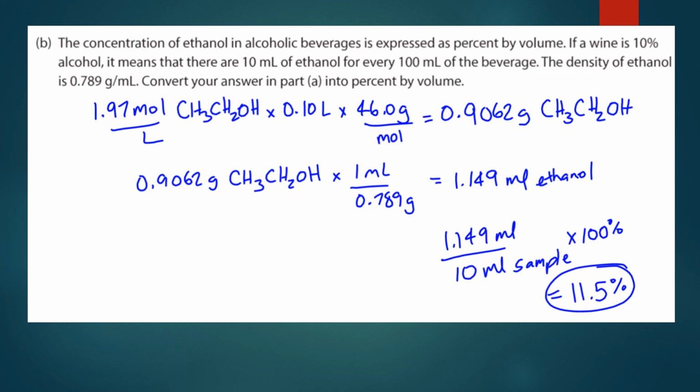Once we have the grams of ethanol, if we divide that by the density, we can figure out how many milliliters of actual ethanol are in our sample. Then take the number of milliliters of ethanol divided by the size of the sample, 10 milliliters, multiply by 100% to get that percentage.